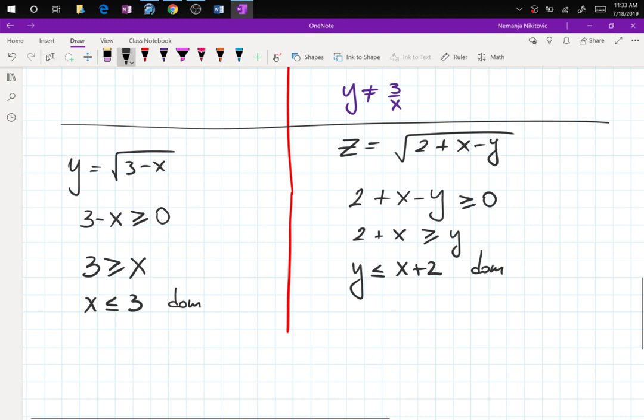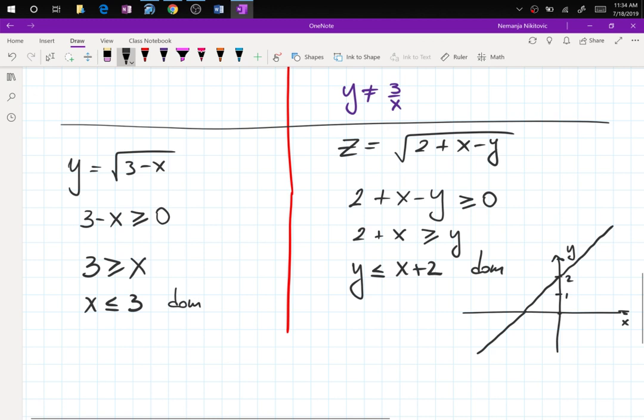So you can draw this, and you can shade the region that it's okay to use, and obviously not shade the one that you can't. So x plus 2, let's say 1, 2, and it's a 45-degree line, and it's a solid line because it's equal. So we have a line like this, and now I need to shade above or below.